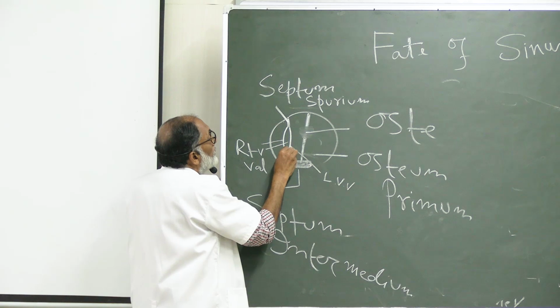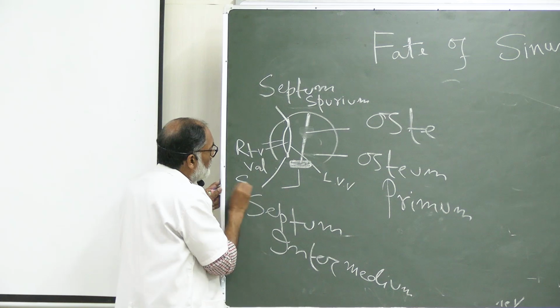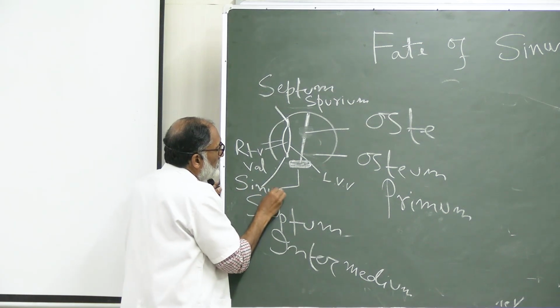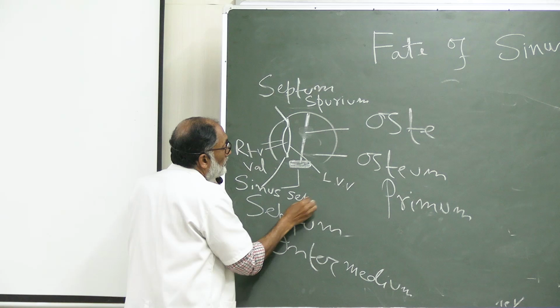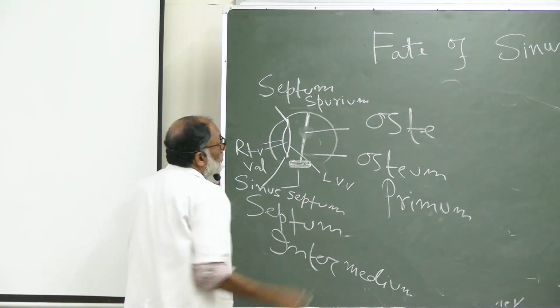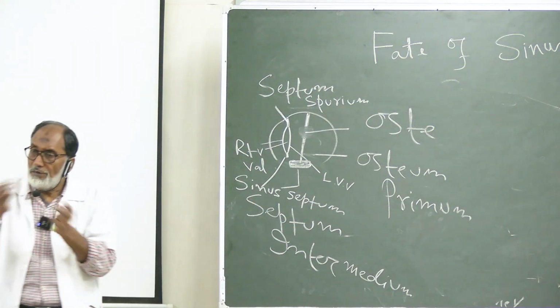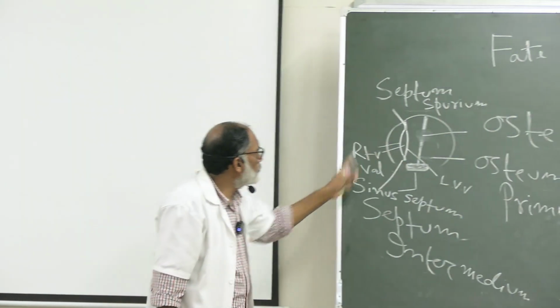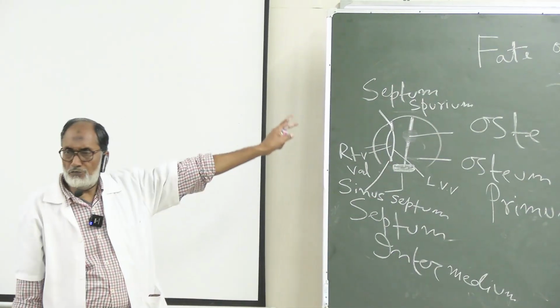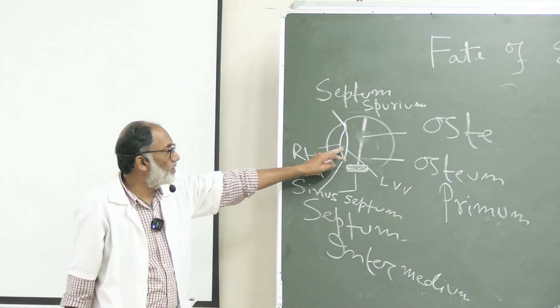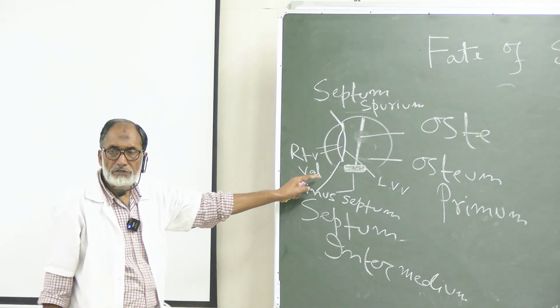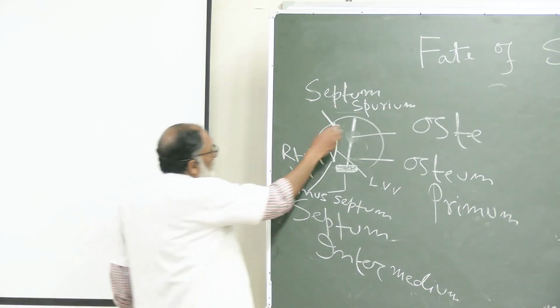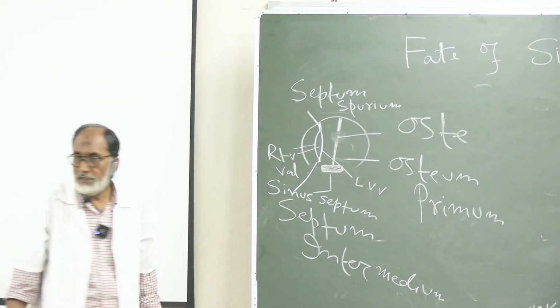Caudally it is also known as the sinus septum. These are all derived from the opening guarded by the sinoatrial orifice, and their boundary is known as the septum spurium, right venous valve, left venous valve, and septum sinus.